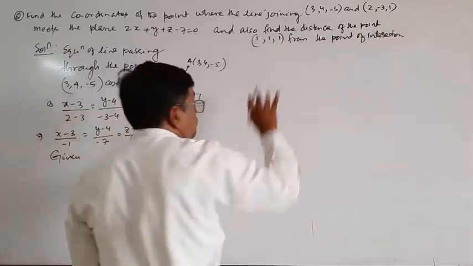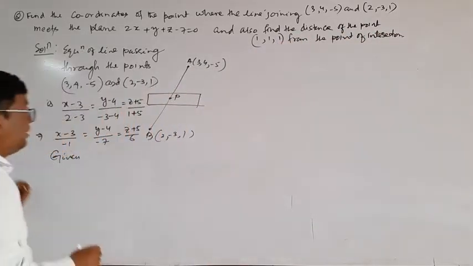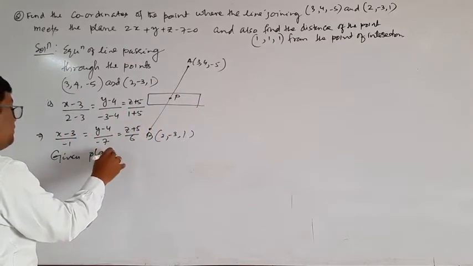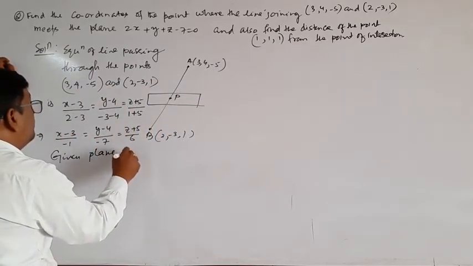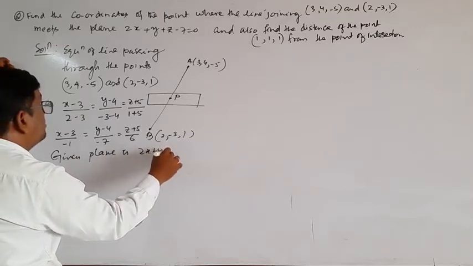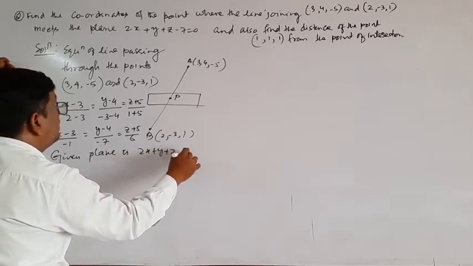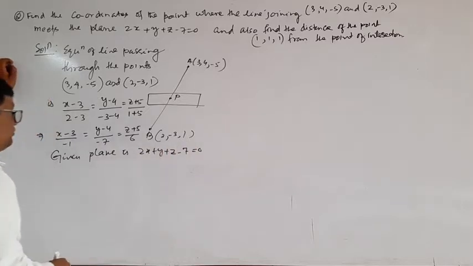This is an additional question. So the given plane is 2x plus y plus z minus 7 is equal to 0.